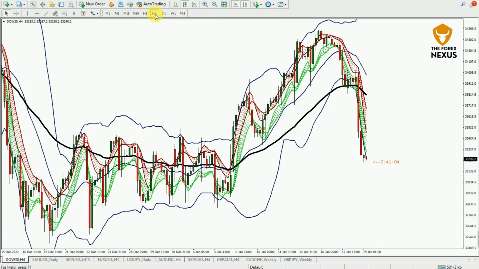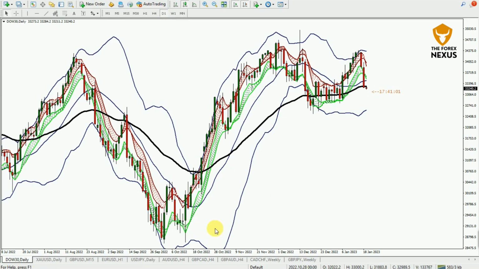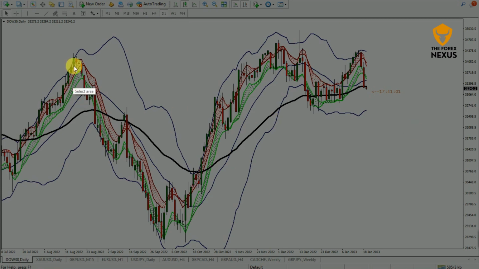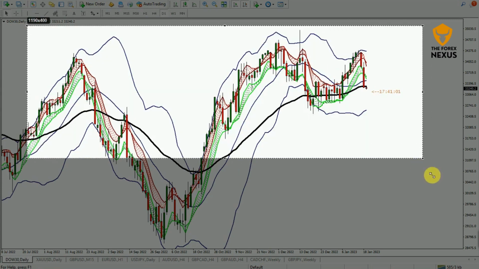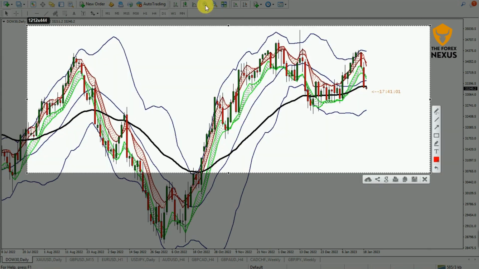Yesterday we discussed the daily re-entry on Dow Jones. Here you can see we got the momentum and we were waiting for confirmation on the daily time frame.